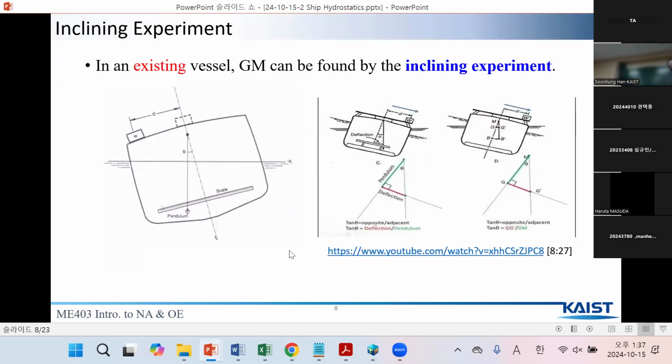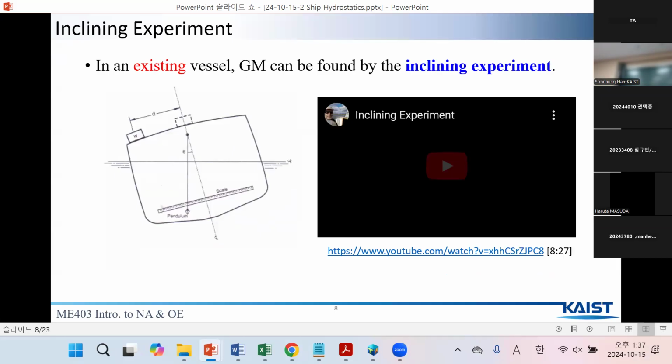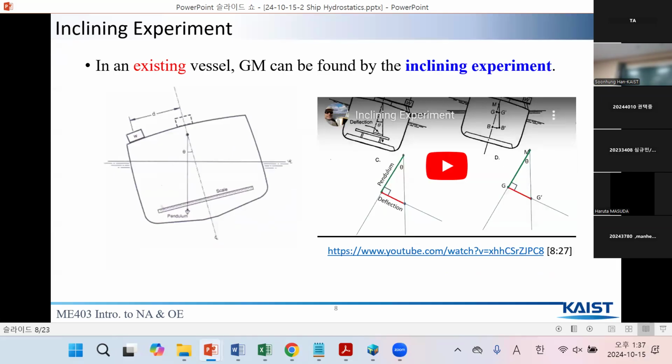As a designer, and also as a ship owner who has a contract with the shipbuilder, everybody wants to know the exact weight of the ship once the construction is finished. Because it is important for safety, GM. Also, it is important for the cargo capacity.